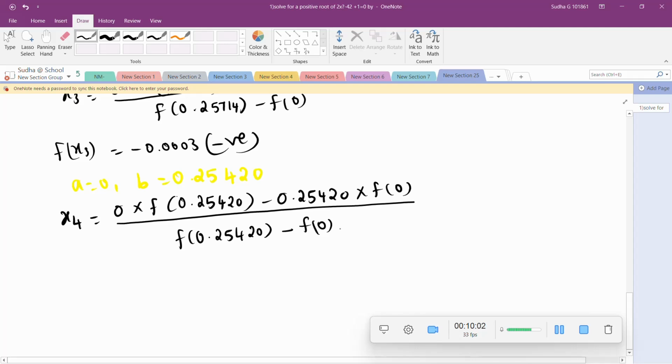Using calculator, simplify this, then we'll get 0.25410. We'll check this value positive or negative.